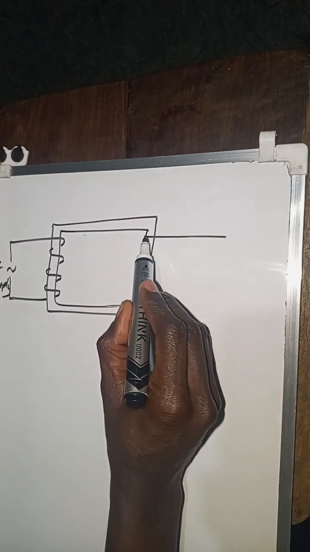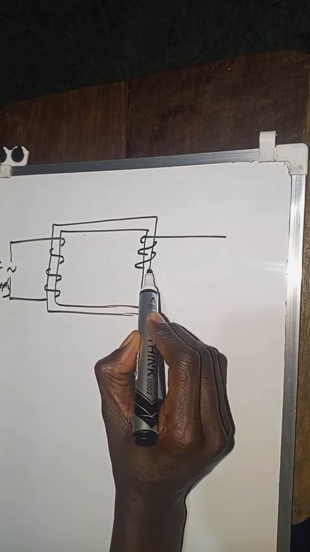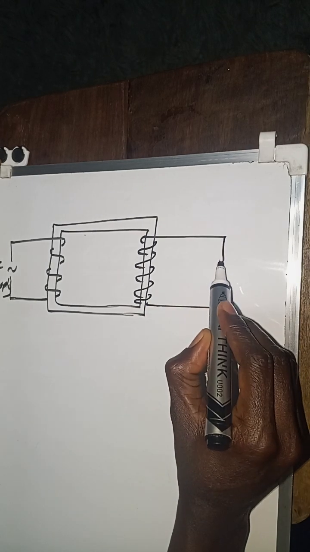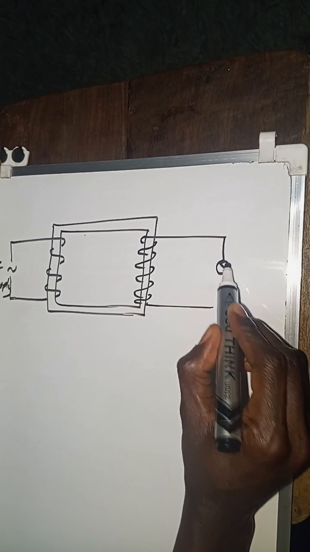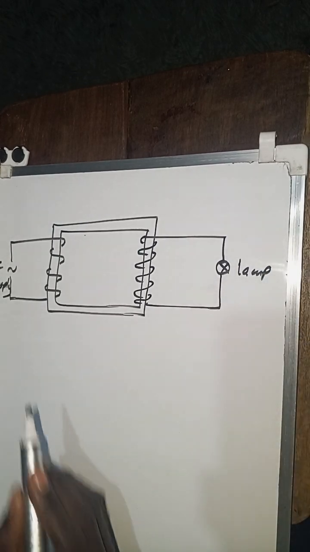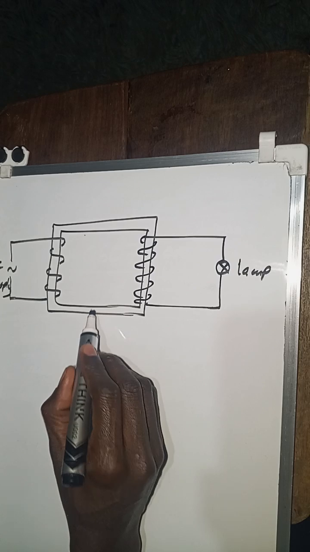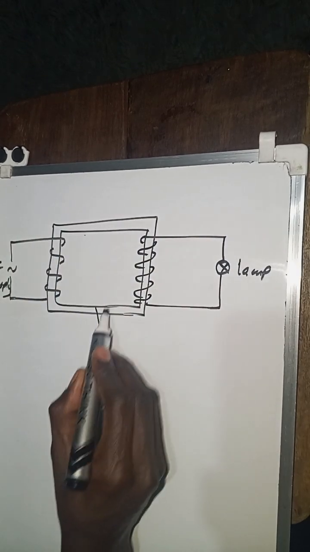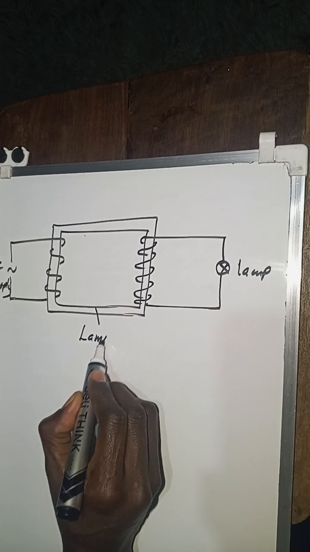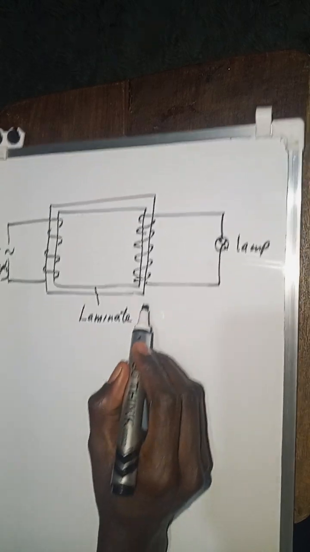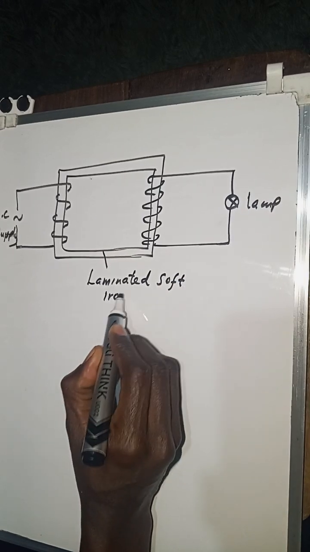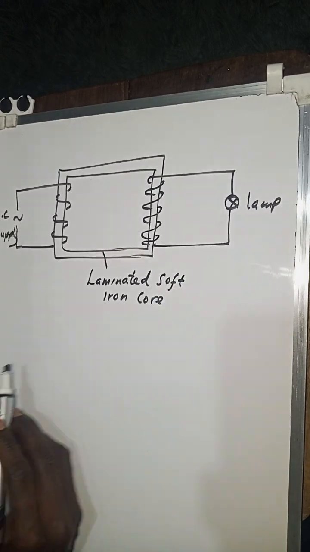And this is the part that is connected to the electrical component, maybe such a thing as a lamp. That is what we are talking about. So this is the soft iron core, but we can call it a laminated soft iron core.